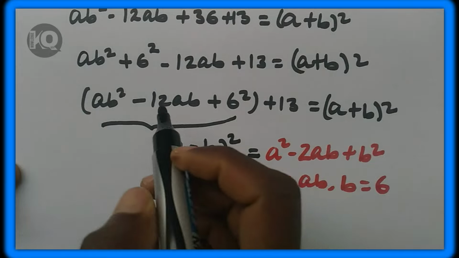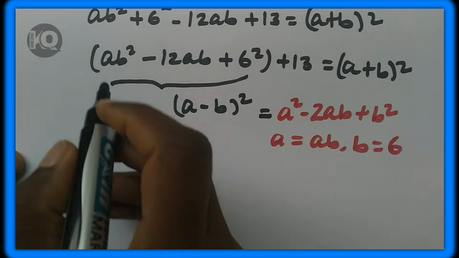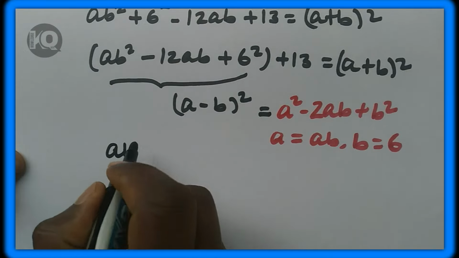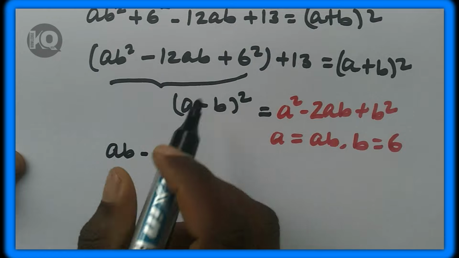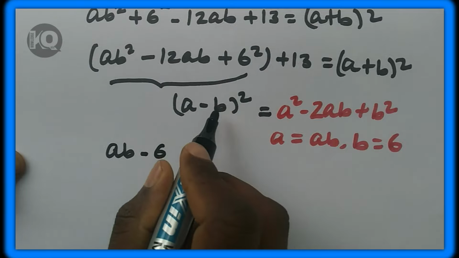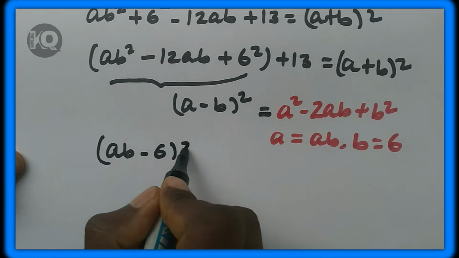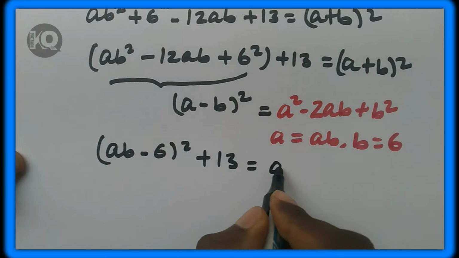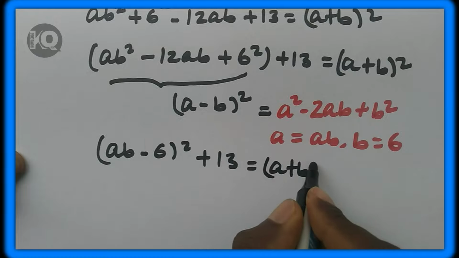So let's express this one in the form of this. So this expression will be (ab − 6)² + 13, because y is 6, which is equal to (a + b)².